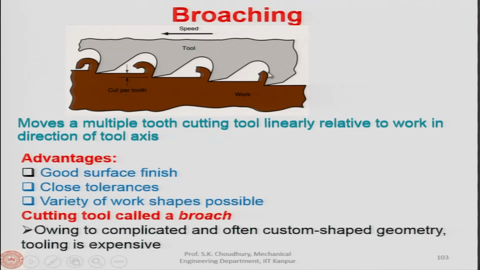This is the advantage of broaching, that here the machining process is done by one tool. And here the feed motion does not have to be provided.